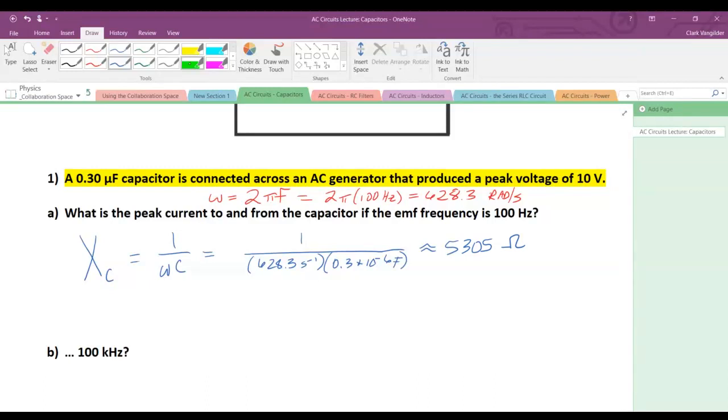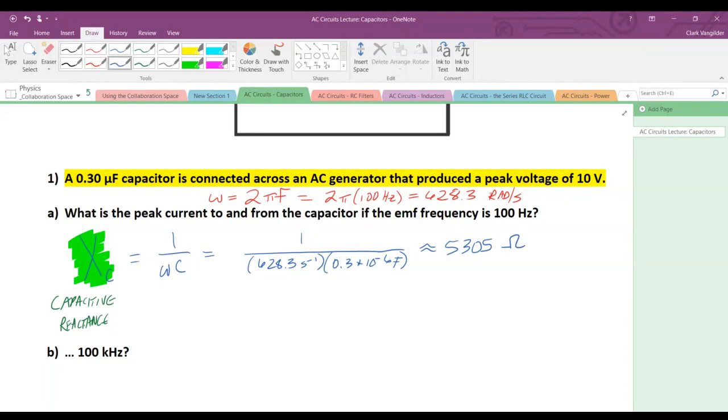All right, so it's important that we realize here this is capacitive reactance. Okay, and so we need that piece of information so that we can subsequently use Ohm's law.